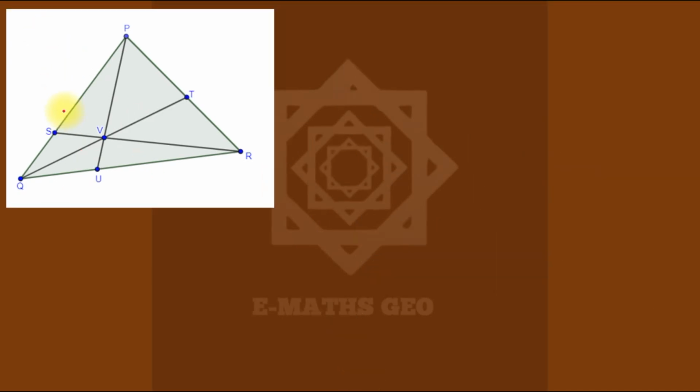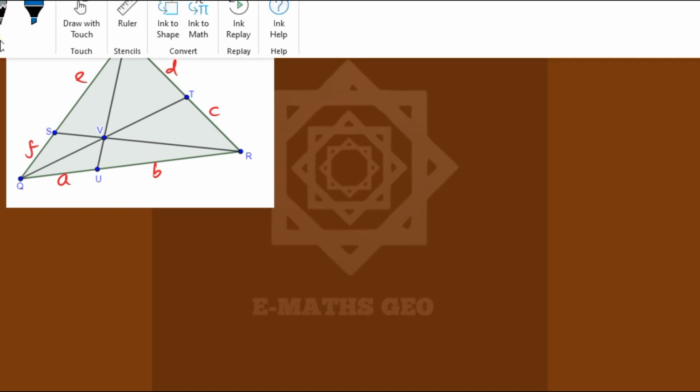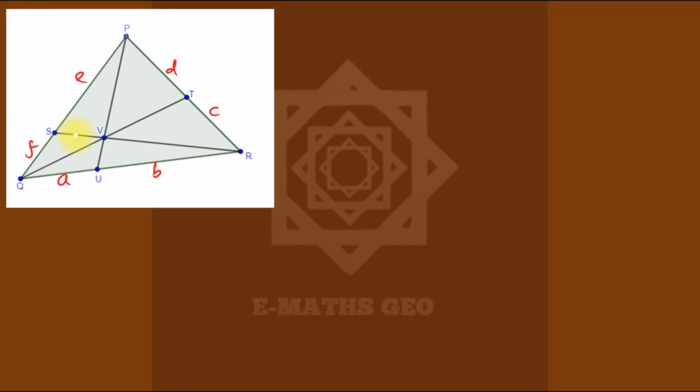Based on what we've done before in the other video on the other page, let's say here A, B, C, D, E, F. Let me wipe here so that you see it as the other one.